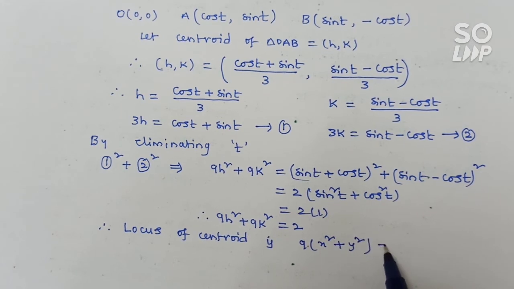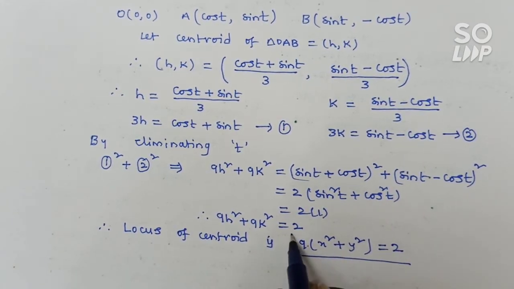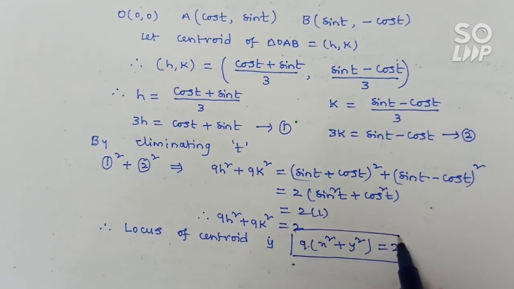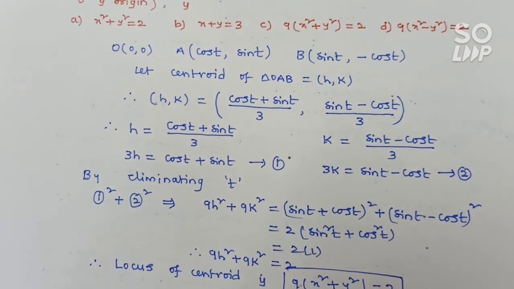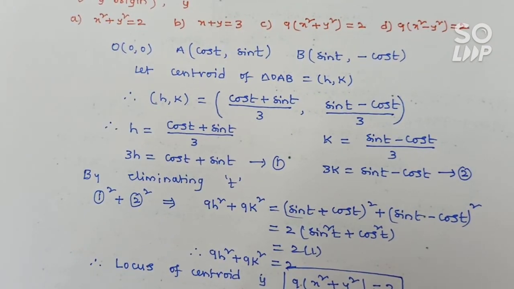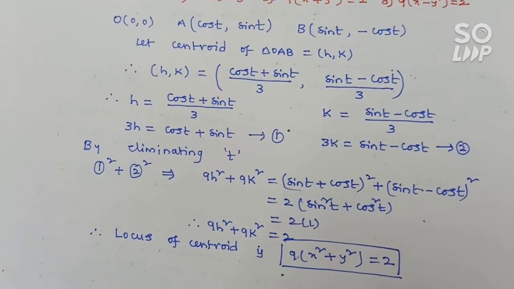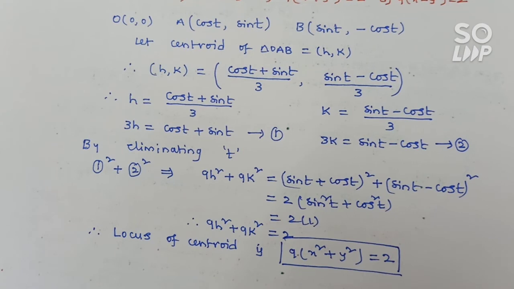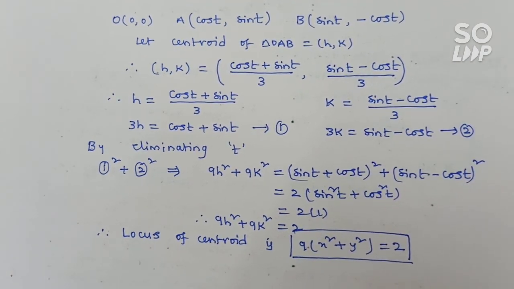So your answer will be this. In the given options, which option is this? 9 into (x square plus y square) is equal to 2. That is option C, the correct answer. So your solution is 9 into (x square plus y square) is equal to 2.